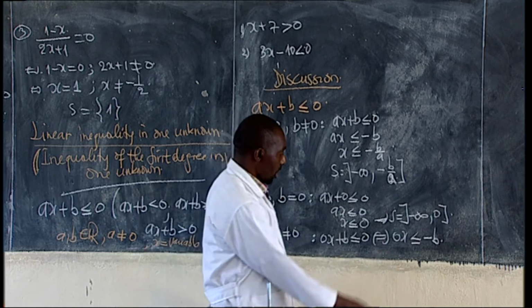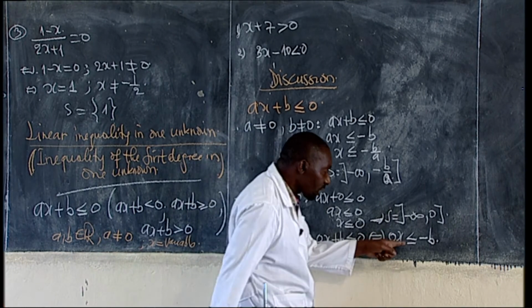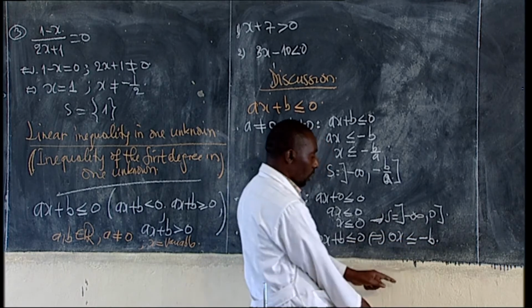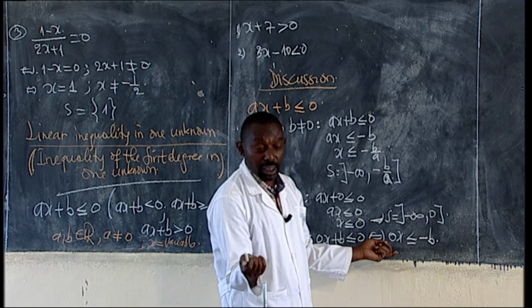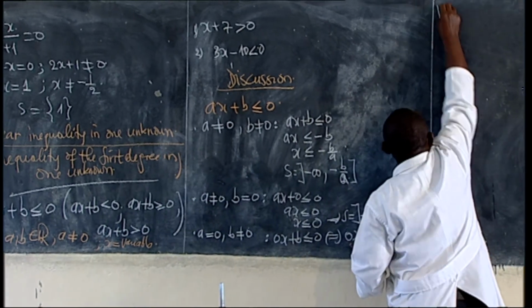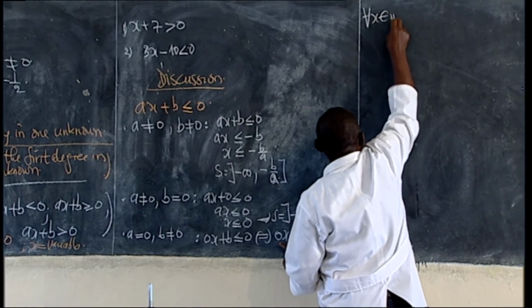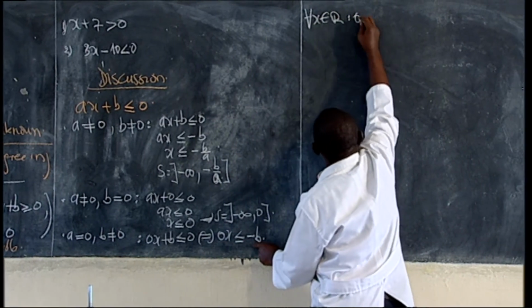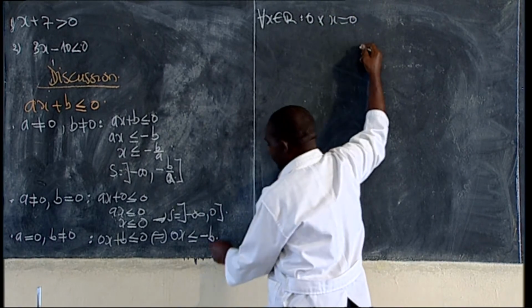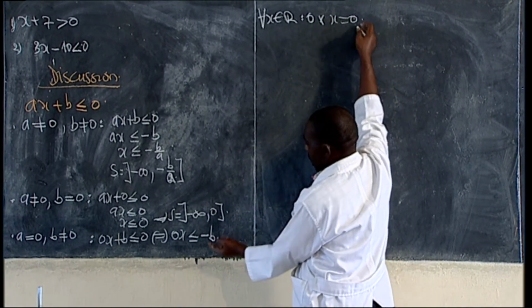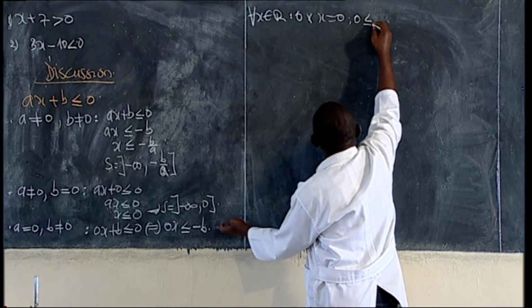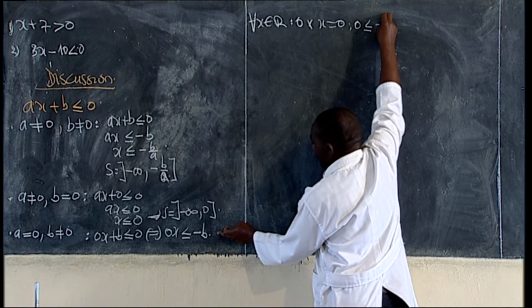Then, to get x, I have to divide both sides by 0, and you know dividing by 0 is impossible. So what you have, for any real number x, is 0 times x equal to 0, and the 0 is less than or equal to minus b.